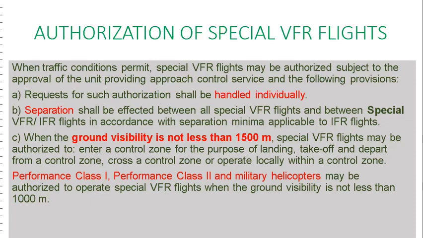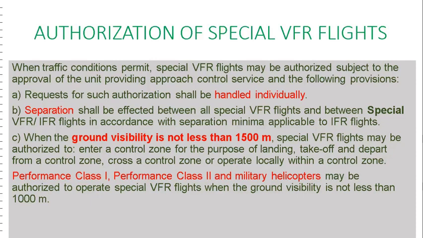Special VFR flights may be authorized to enter a control zone for the purpose of landing, take off, and departing from a control zone. The special VFR flight can cross a control zone or operate locally within a control zone. Even training is permitted during special VFR. This will be the minimum for all aircraft, but there is an exception for performance class 1, performance class 2, and military helicopters.